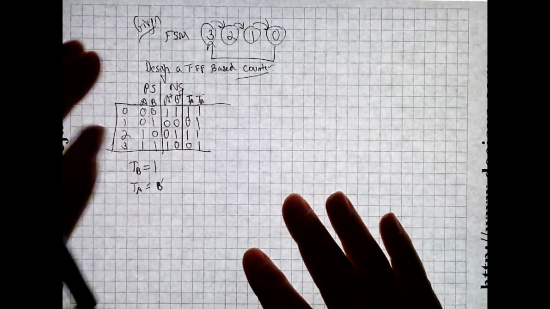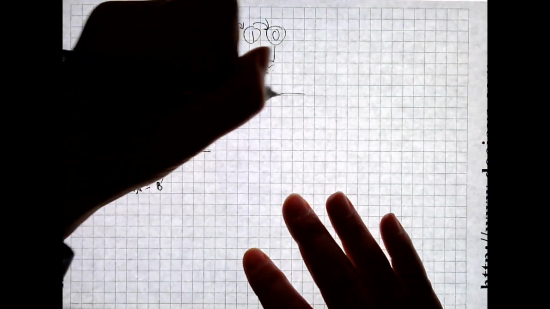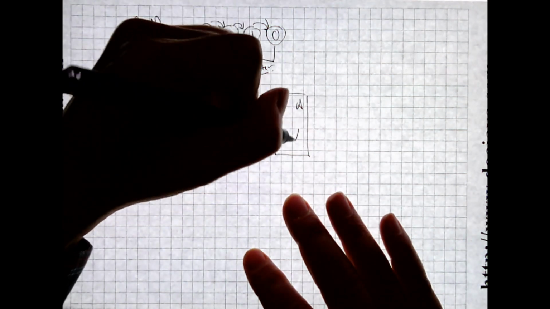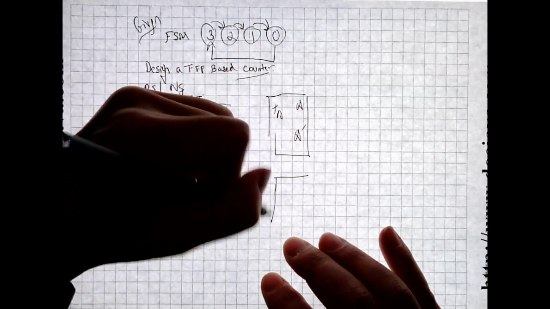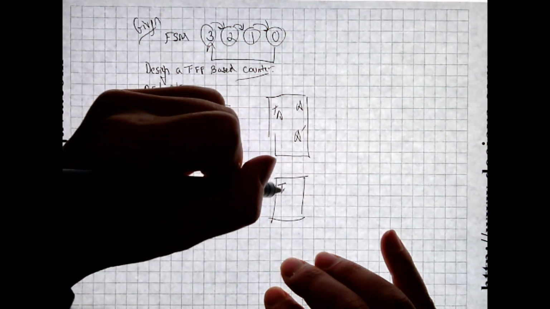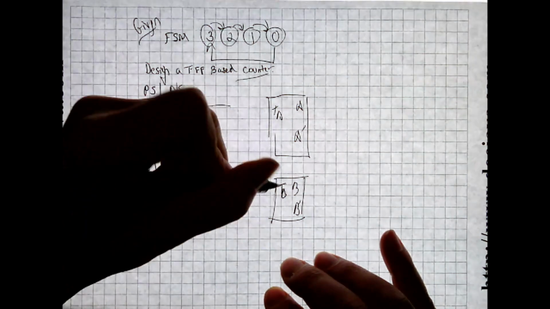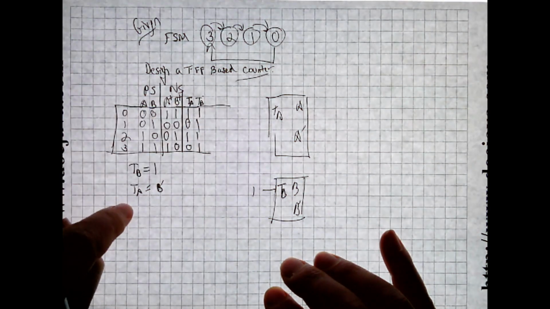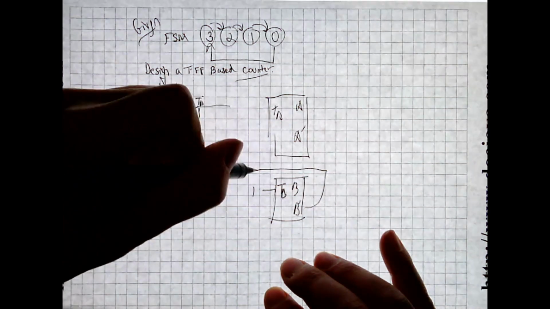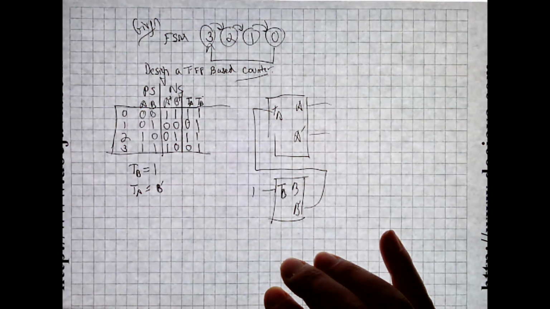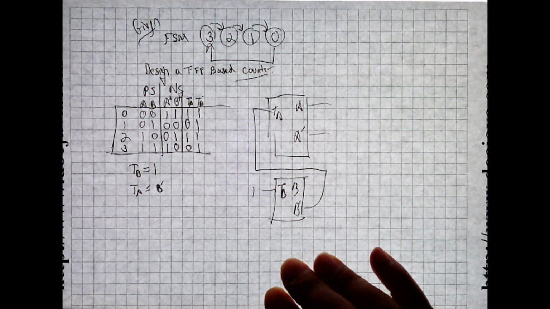And so now my countdown counter can be implemented using T sub B equals 1, T sub A equals B prime. Bang, I'm done. And that's how I count down using toggle flip-flops.